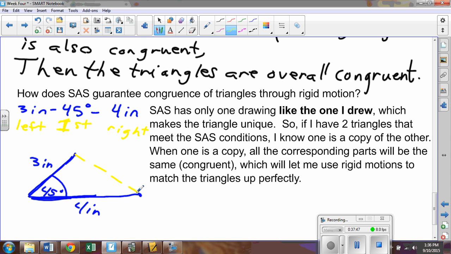The drawing guarantees a unique triangle. So if you have two that fit the conditions, one of them is a copy of the other. As a copy, the sides, all the parts will be the same. Because the parts are the same, we could use that ASA from yesterday to say, I can use movement to match them up. And we're done.